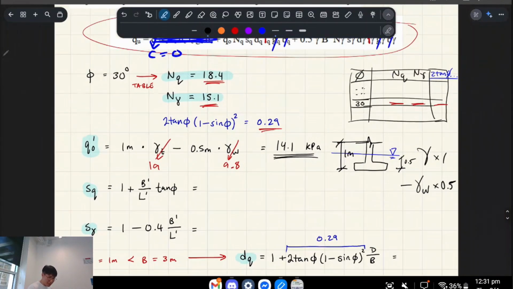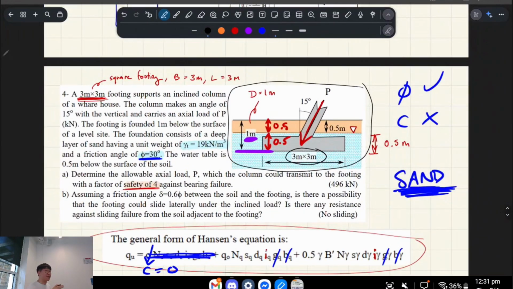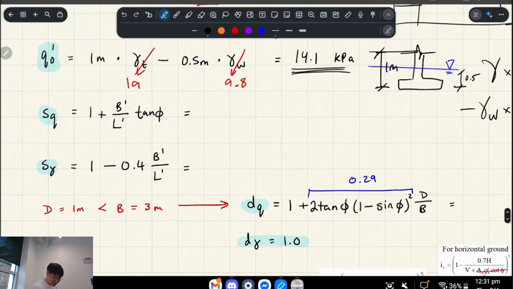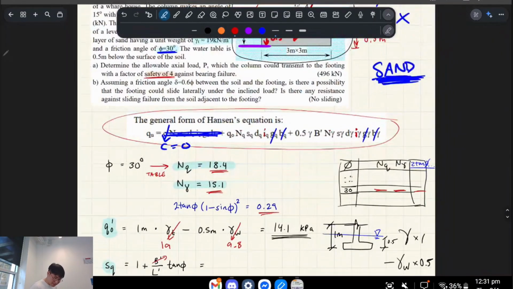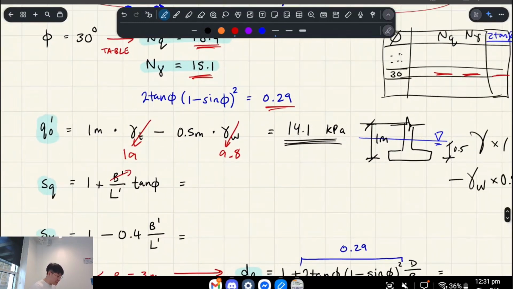Okay, so for our shape factors, right, we have a square footing, so we can't just turn the shape factors instantly into 1. So they follow these formulas, right? So for width, right? Sorry. Yeah. So we don't have an eccentricity.